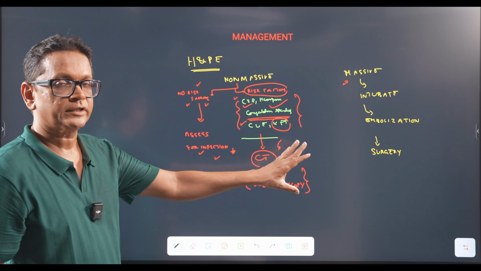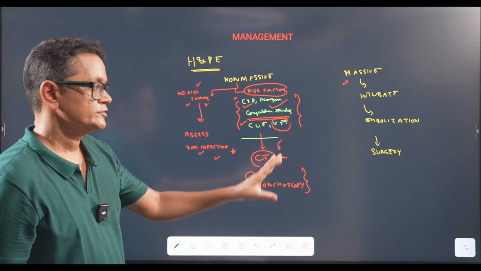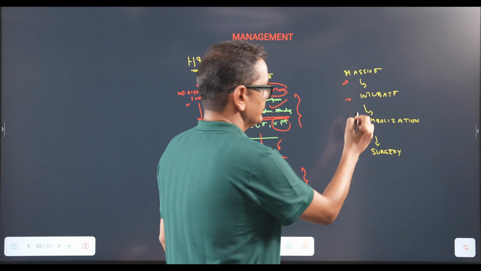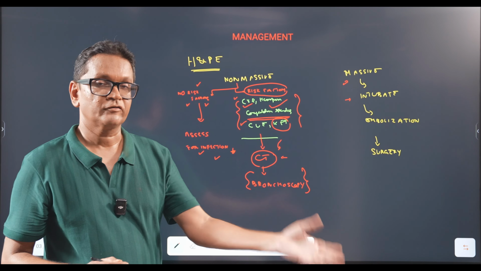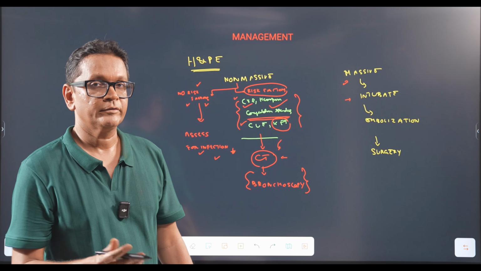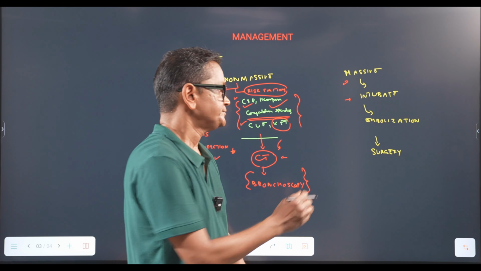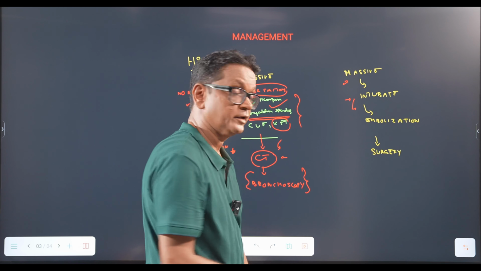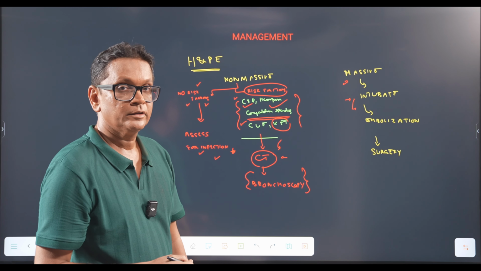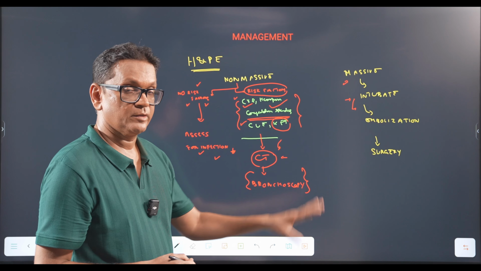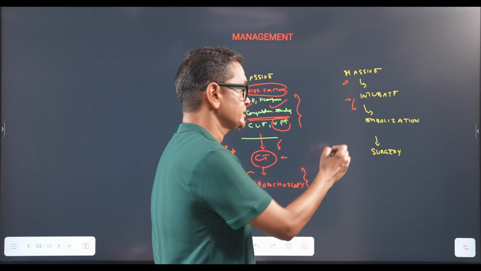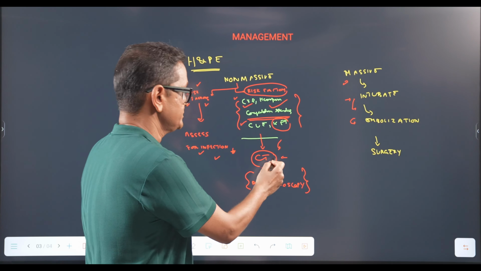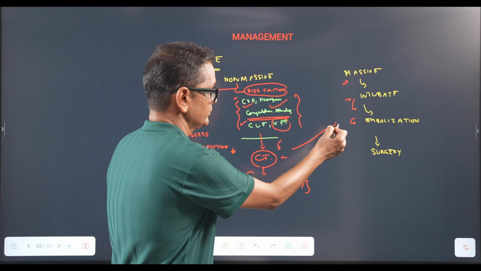First thing is protecting the airway. If it is unilateral, intubate the patient and please lay the patient down on the affected side so that blood won't gravitate to the normal side. Sometimes after intubating, mechanical ventilation may be mandatory. Once the patient's hemodynamics are stabilized, then assess for embolization. If CT angio has already been done, well and good.